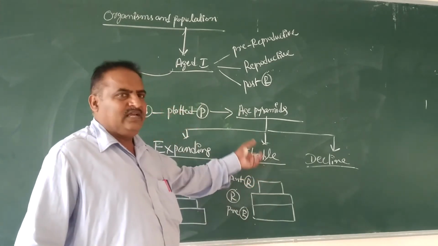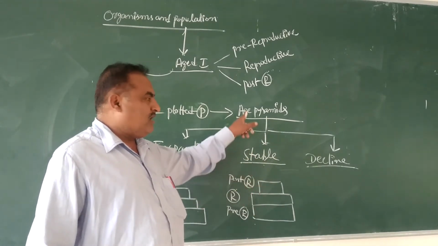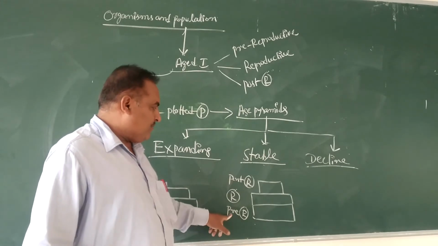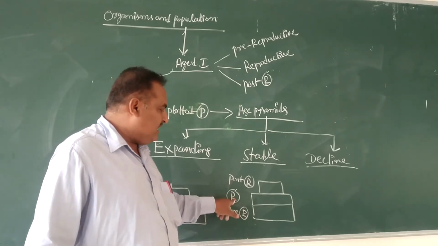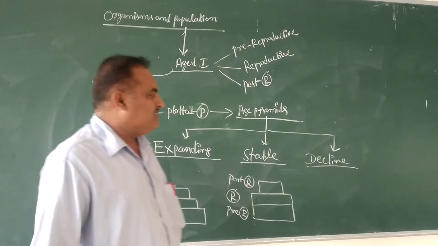Therefore, it is called a stable age pyramid.